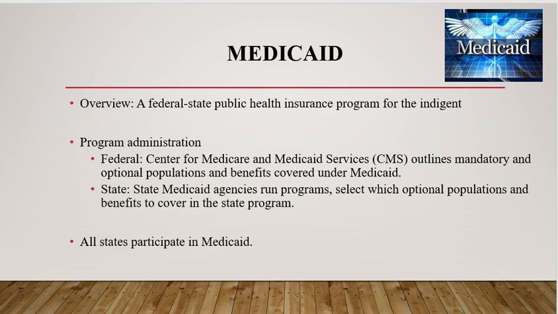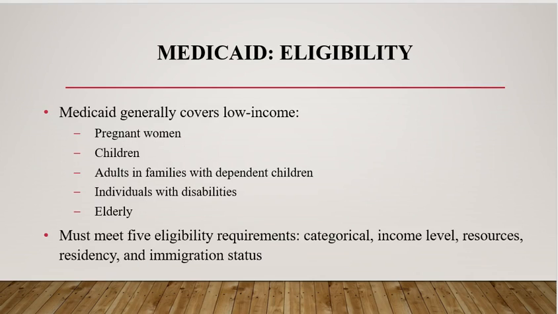States file a Medicaid state plan with the federal government, outlining the state's own eligibility rules, benefits, and other program requirements. This plan is effectively a contract between the states and the federal government and between states and program beneficiaries. So in the next slide, we have the eligibility.